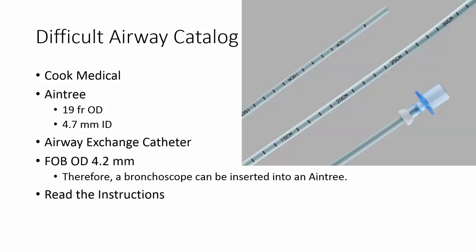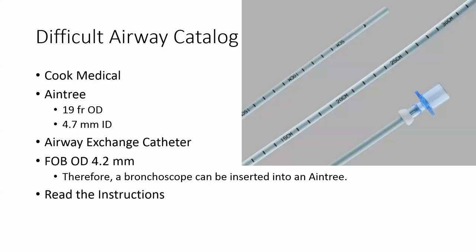It is an airway exchange catheter. Since a fiber optic bronchoscope has an outside diameter of approximately 4.2 millimeters, some may be smaller, a bronchoscope can be inserted into an Aintree, and sometimes in concert with a laryngeal mask airway can be used for intubation.